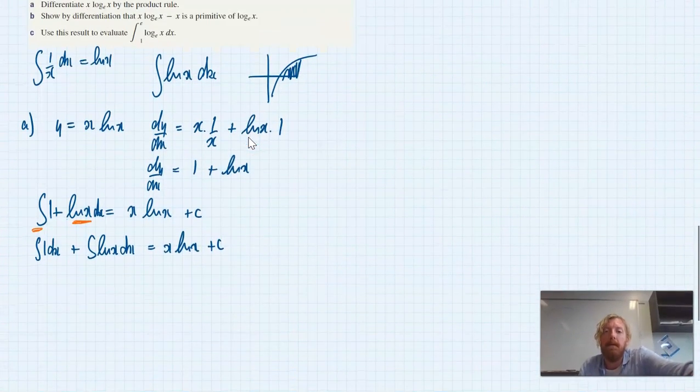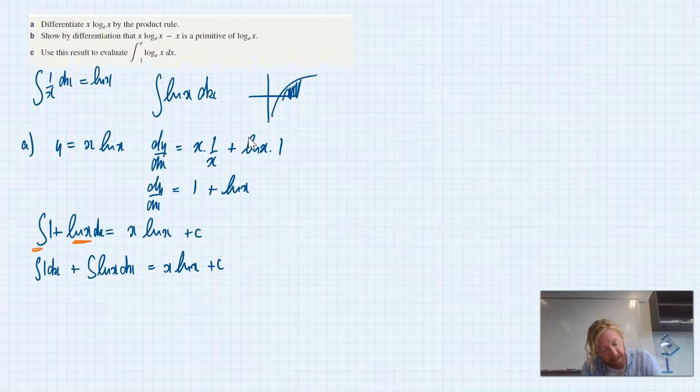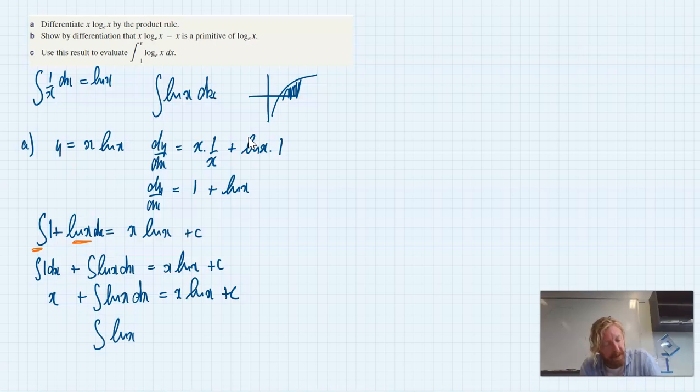So, x plus the integral of ln x dx equals x ln x plus c. Now I can just subtract that x over there. Integral of ln x dx equals x ln x minus x plus c. And that's what is up here.